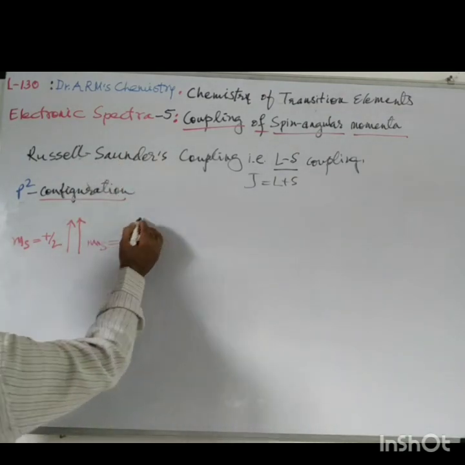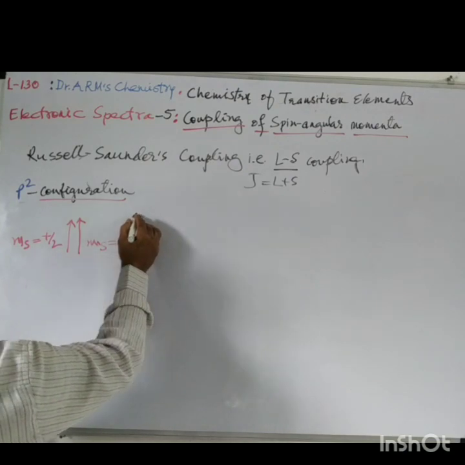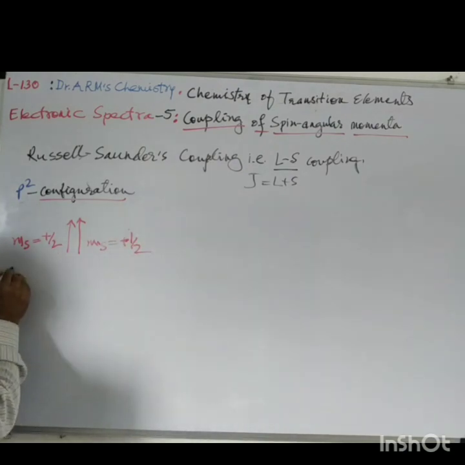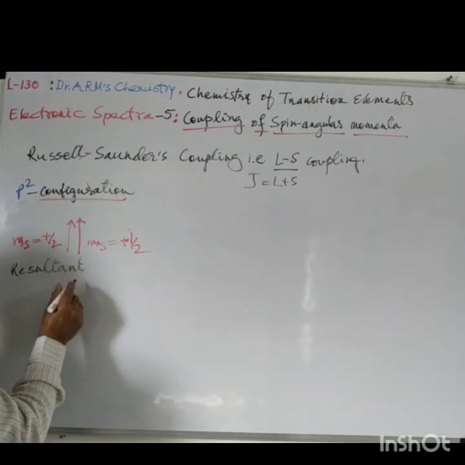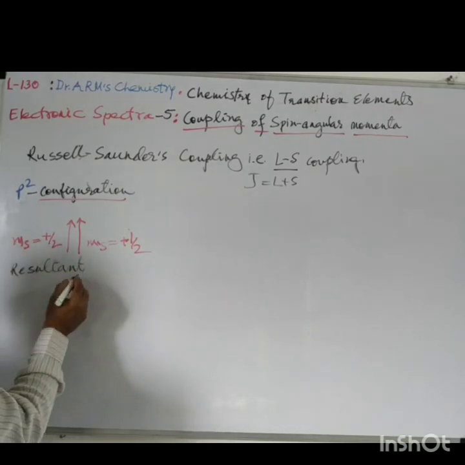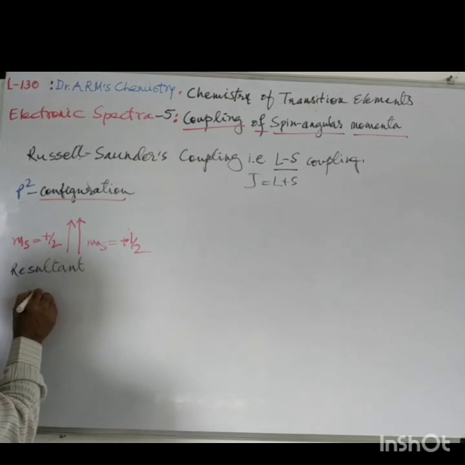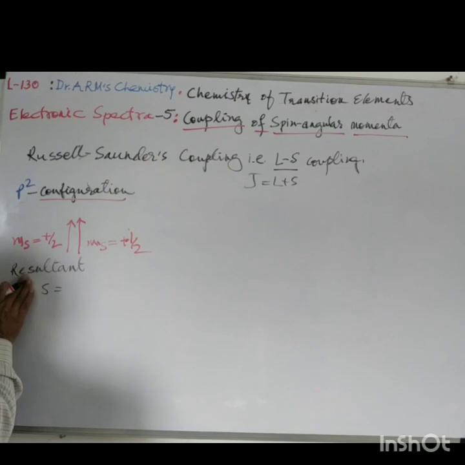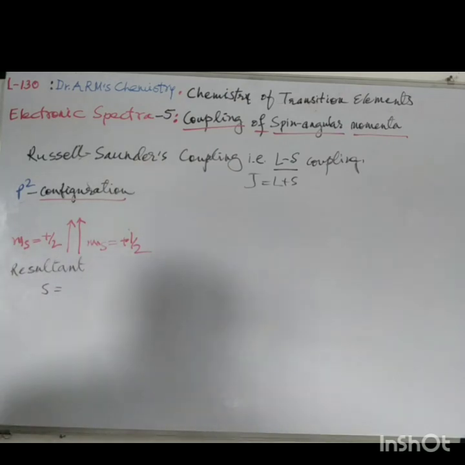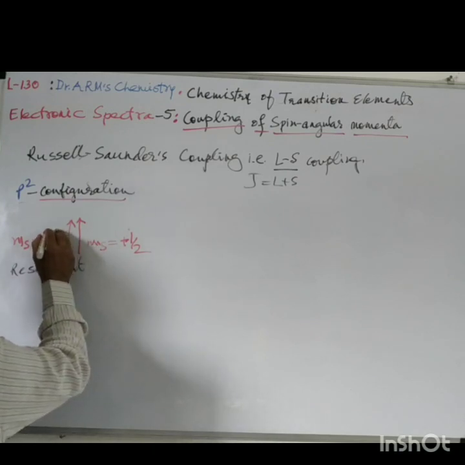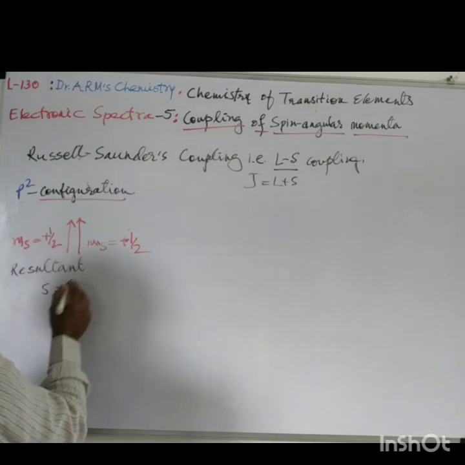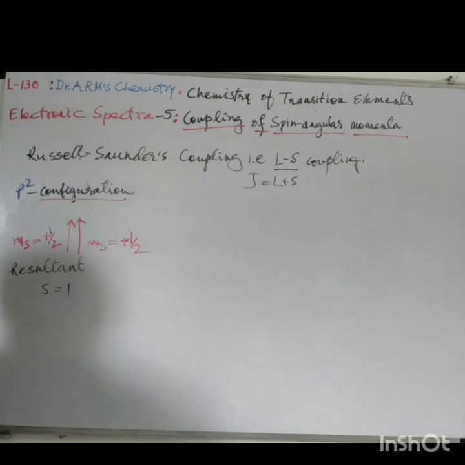So for this, the resultant is given as S, that is total. This is the total spin magnetic value. So this is the sum of these 2 electrons, and that is 1. The sum is 1.